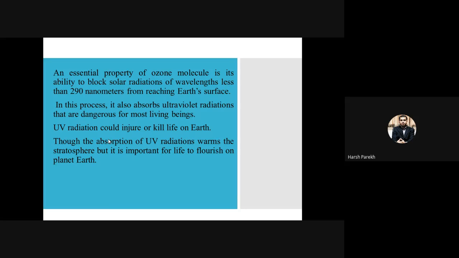Although the absorption of ultraviolet rays warms the stratosphere, it is important for life to flourish on planet Earth. Thus, the ozone layer plays a vital role in the life chain.